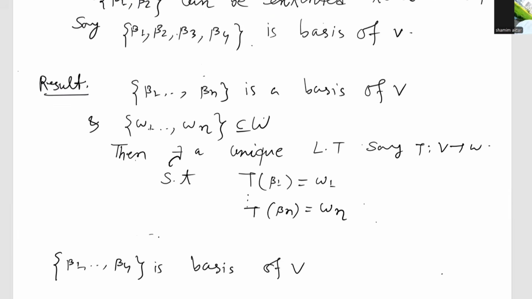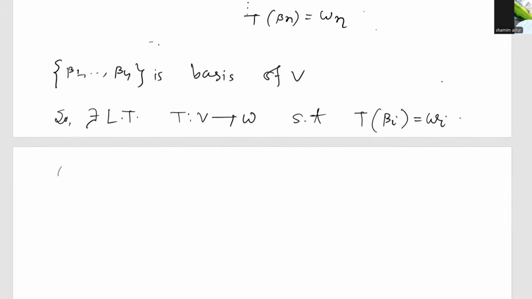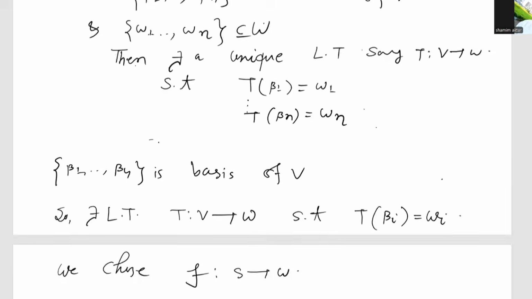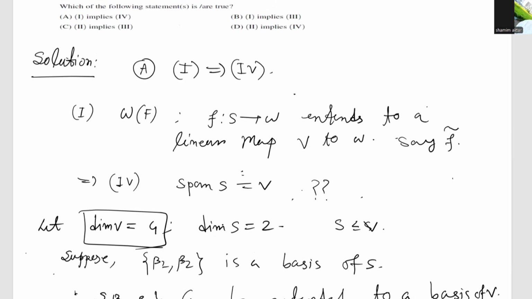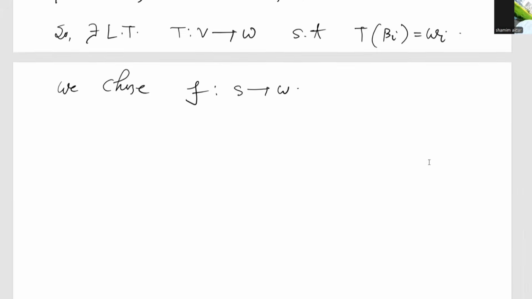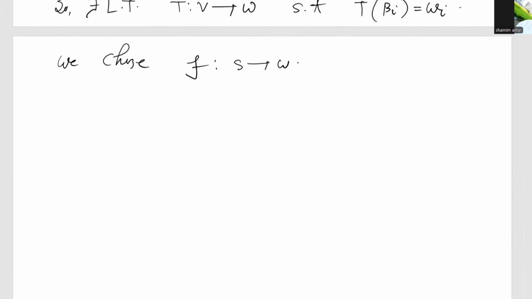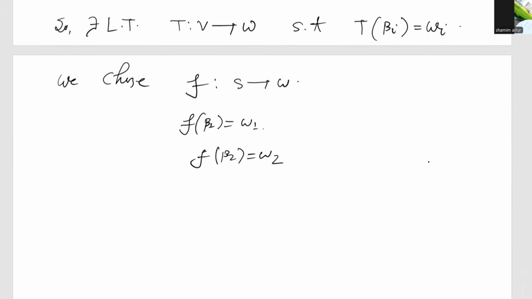Now we choose f as a map from S to W. Statement 1 says any map, so we choose f of beta 1 equal to W1, f of beta 2 equal to W2, and the other elements mapped anywhere. This is my map f.